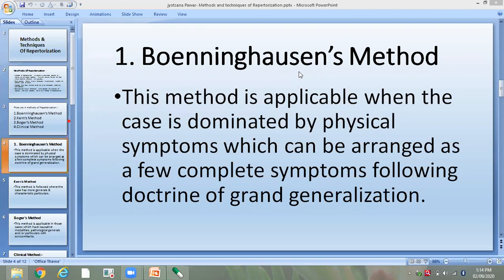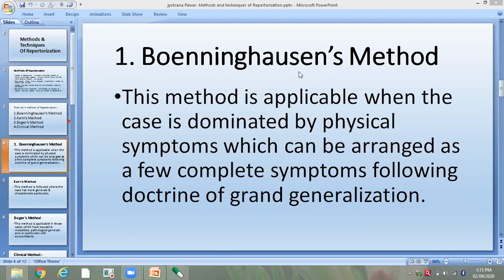Usually by taking the history from the patient we get location and sensation, which part is affected and how the pain was.